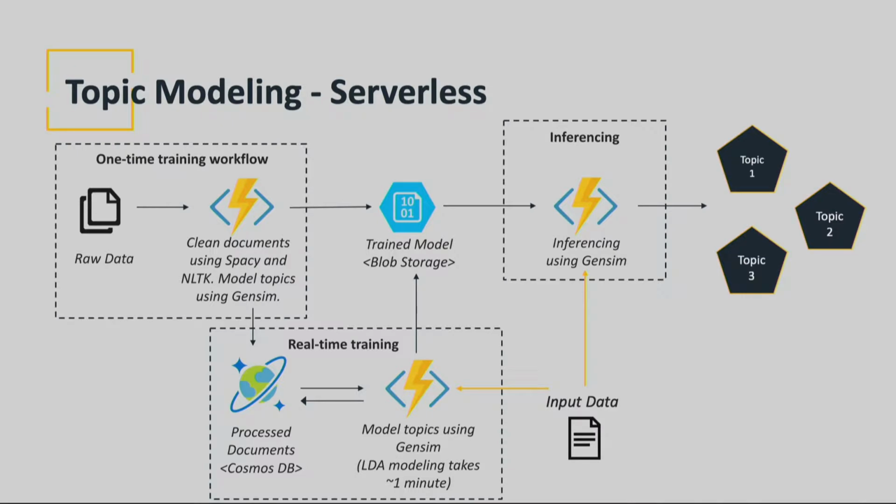And then the third component is pretty interesting. It's a retraining pipeline. We set up a third function that would also be invoked on the new input that we saw. It goes ahead and grabs the cleaned data from the Cosmos DB store, uses Gensim to perform the LDA topic modeling algorithm, and then finally updates the model that was in blob storage.